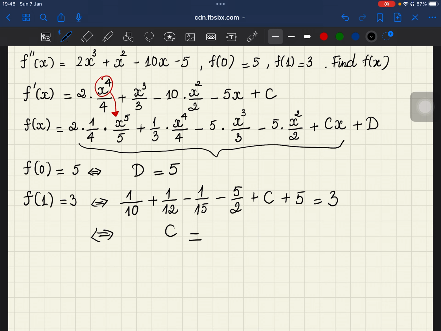We have 3 minus 5 plus 2.5 plus 1 divided by 15.